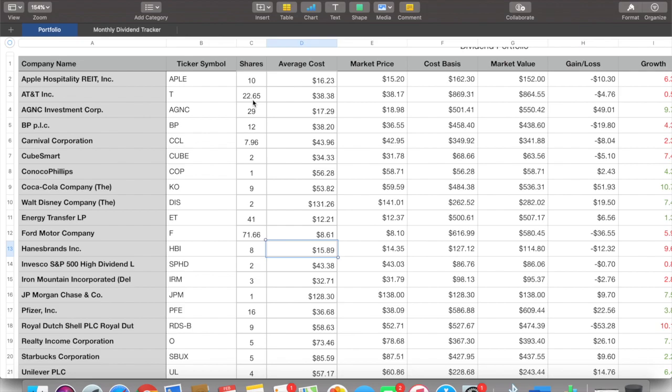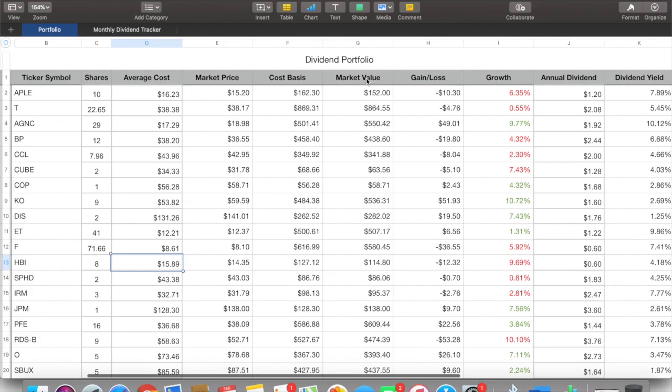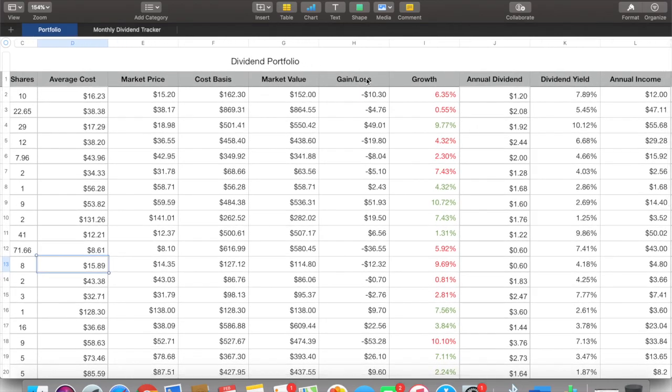So if the cost of one share is $38.38, and I only have $20 this week to spend on AT&T, I can put $20 into that stock. Even though I can't fully afford it, it will give me a fraction of a share. So just thought I'd get that out there because I do have a couple more stocks that I am fractionally investing into. But as you can see, we have the cost basis, market value, gain or loss.